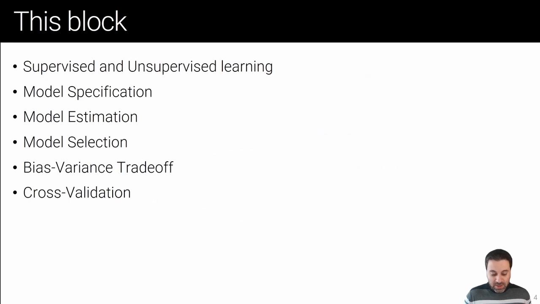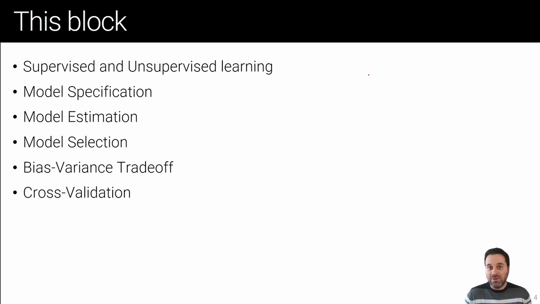So let's see. This block is going to be about, first of all, introducing the difference between supervised and unsupervised learning. And then we're going to talk about how we specify a model, supervised or unsupervised, how we estimate the model, how we select among multiple models based on different criteria. And we're going to see different caveats of model selection, things that we have to consider when choosing one model or another.